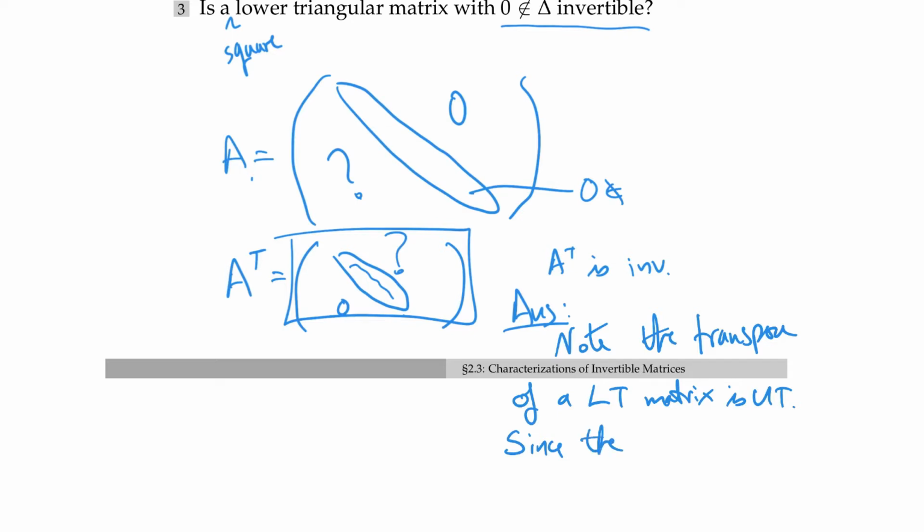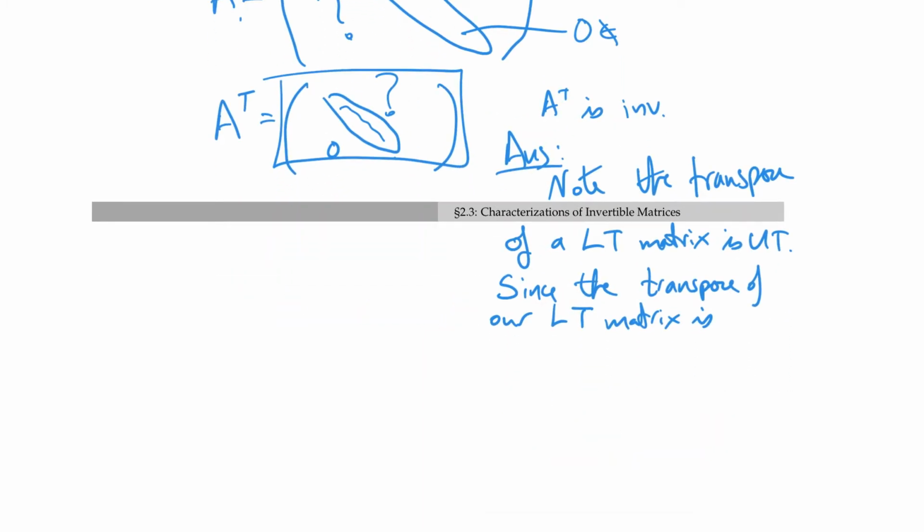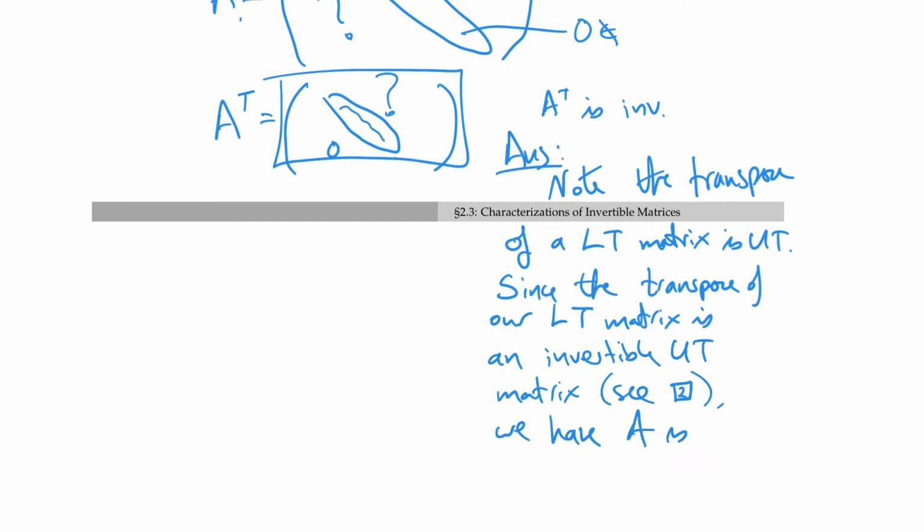Since the transpose of our lower triangular matrix is an invertible upper triangular matrix, I'll say C box 2 above, we have A is invertible.